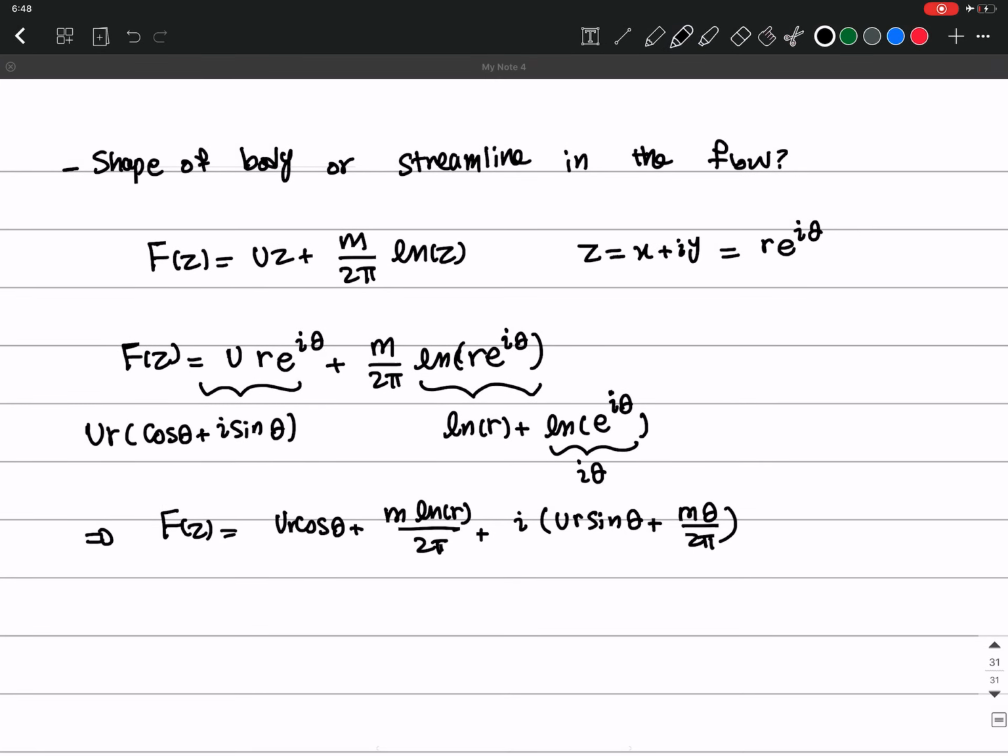Okay, so psi is the imaginary part of f, right? Because f is phi plus i psi, and I want to know the stream function here. So it's going to be u r sine theta plus m theta over 2 pi.